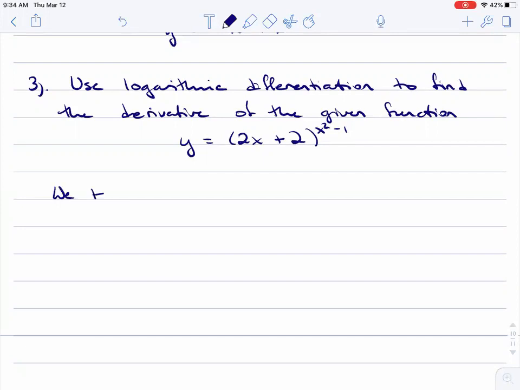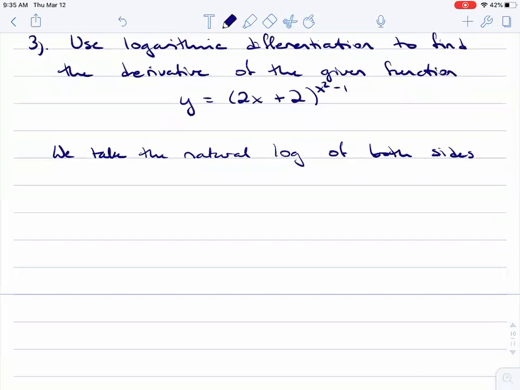So we take the natural log of both sides, of course. Can't do to one what not the other. So then I have the natural log of y, and I wrap this whole thing up in an ln, (2x plus 2) to the power of (x squared minus 1).